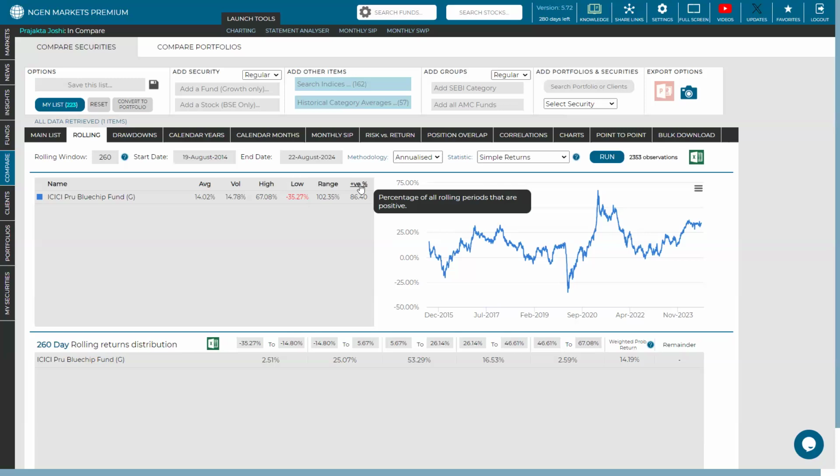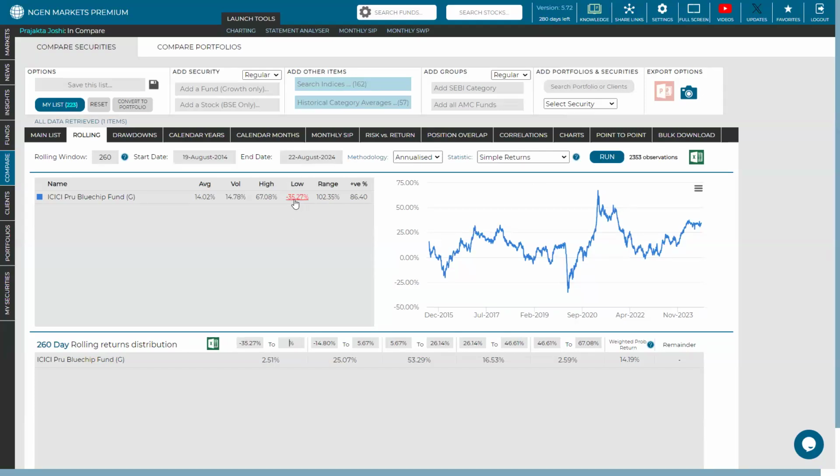Now, if you were to know what is the negative percentage, right? What is the probability that this fund gives in the negative range? All you need to do is simply go down here in rolling returns distributions and make the interval right here to a zero. So that means the negative return is directly captured from here.